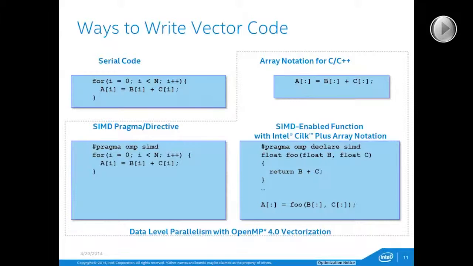So here's just a snapshot. We're going to get more into the details, but what we're doing here is attempting to SIMD-ize, vectorize some serial code up there on the left. It's just a simple loop that takes two arrays, B and C, sums them and puts the result in an array A. So simple concept. So how would we do that? Here's the first sneak peek of implementation of SIMD. Down in the lower left, the way you could get this to vectorize explicitly is that you could decorate that for loop with a pound pragma omp simd.